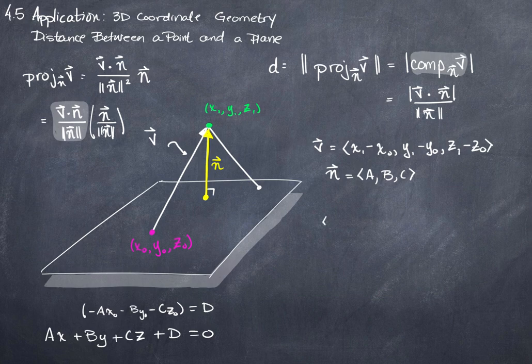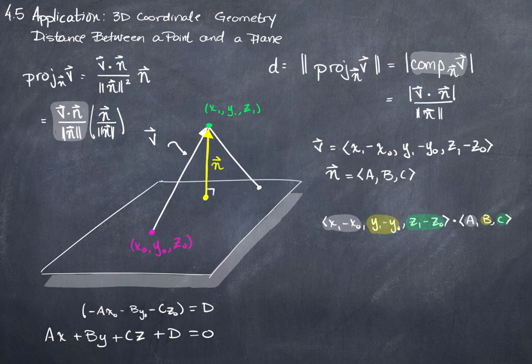I have V dotted with N, and that's going to be the first component of the first vector multiplied by the first component of the second vector, the second component of the first vector times the second component of the second vector, and the third component with the third component.